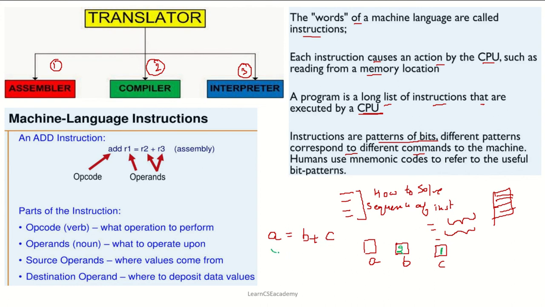When we give this instruction in our program, first it will check which operator it is using and which operands the operation is going to be performed on. So 2 plus 1, the final value 3, will be stored into the variable a.